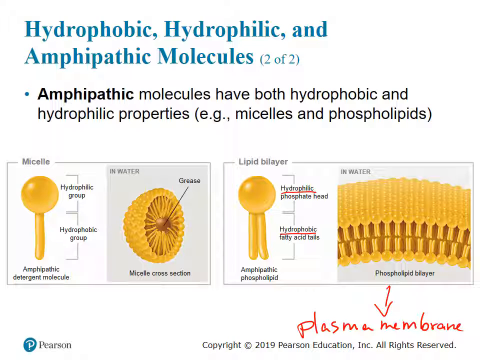They interact with water. But the inside is hydrophobic, fatty acid. The tails are. Which means water, which it says in water, can't easily go through the membrane, like the arrow represents going through. It doesn't really work that way. It does, but not really. Doesn't go easily through there.